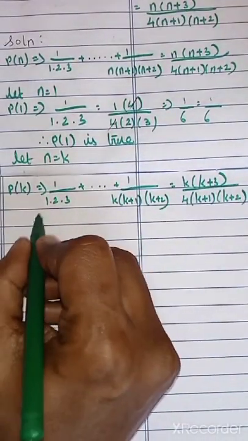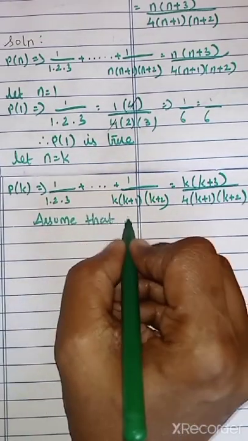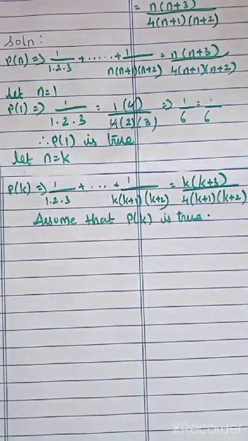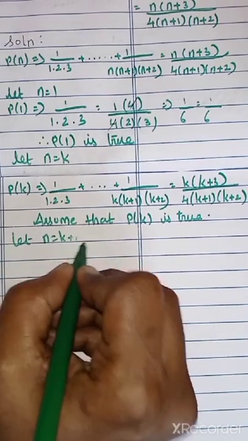Now what we have to write, assume that P of k is true. What is the next step? Let n equal to k plus 1.